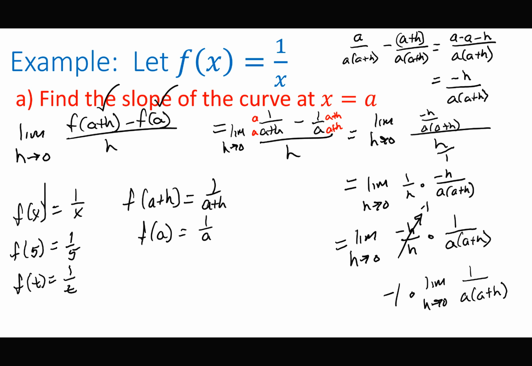So as h approaches 0, if I put 0 in for my h, this becomes 0. And so all I have is a times a. All right, so it's getting kind of messy here. But my final answer then, I've done all my limit stuff, so I don't have that anymore. I have negative 1 times 1 over a squared. And so that just becomes a negative 1 all over a squared.